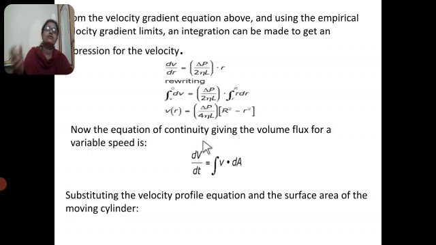Now the equation of continuity giving the volume flux for a variable speed is dV by dt equals integral of v dA, substituting the velocity profile equation and the surface area of the moving cylinder.